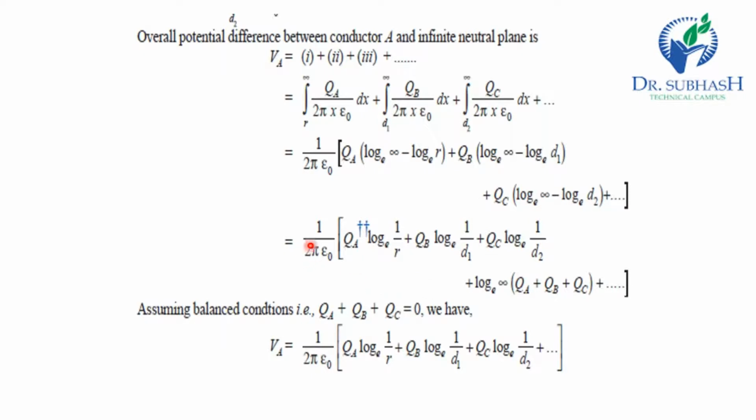The value is 1 by 2 pi epsilon 0 times Qa log 1 by r, Qb log 1 by D1, Qc log 1 by D2, and the last term is log infinity, common from the three equations, times Qa plus Qb plus Qc. Now assuming the balanced condition, Qa plus Qb plus Qc is equal to 0. So Va is equal to 1 upon 2 pi epsilon 0 times Qa log 1 by r, Qb log 1 by D1 and Qc log 1 by D2.